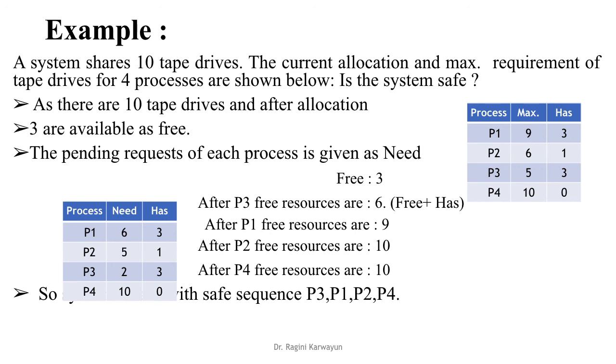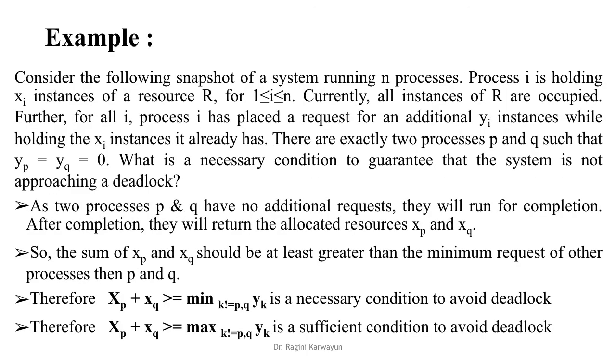And it should be at least greater than or equal to 2, the minimum of the pending requests, so that at least that process is able to proceed further, so that the system is currently not entering into a deadlock state. So basically this is all about that question.